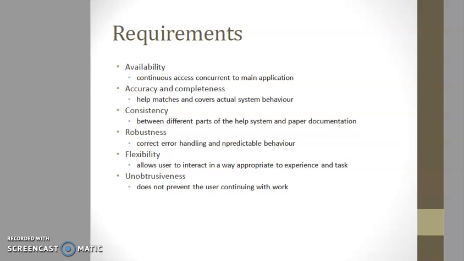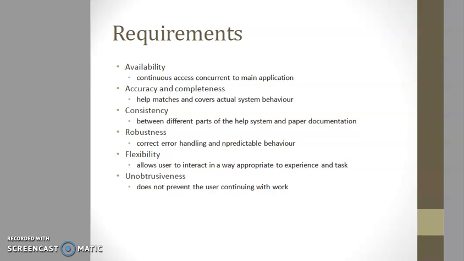It should be consistent in terms of content, terminology, and style of presentation. It is unhelpful if a command is described in one way here and another way there, or if the way in which help is accessed varies across applications.